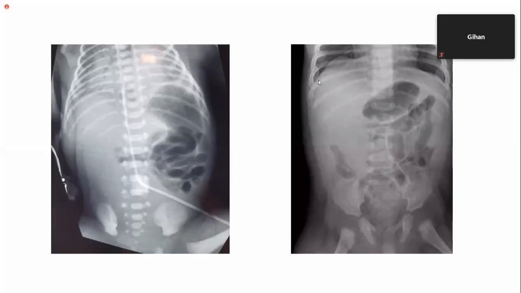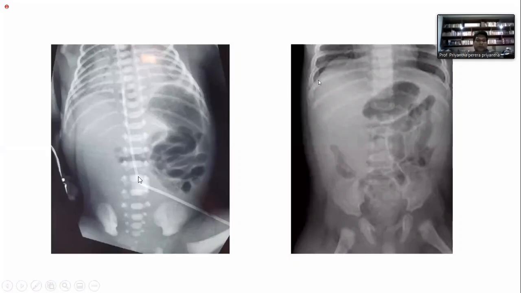No, but maybe bowel... Volvulus? Yeah, good. Volvulus. It's a malrotation of the gut, right? This can lead to volvulus. This is malrotation of the gut, right?